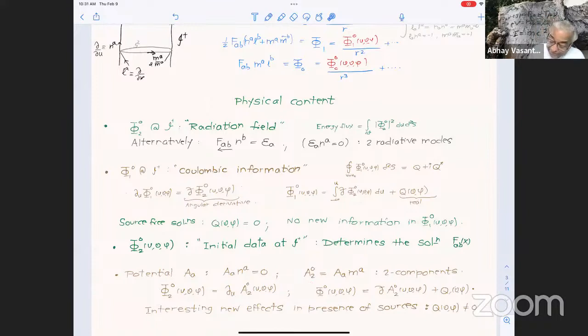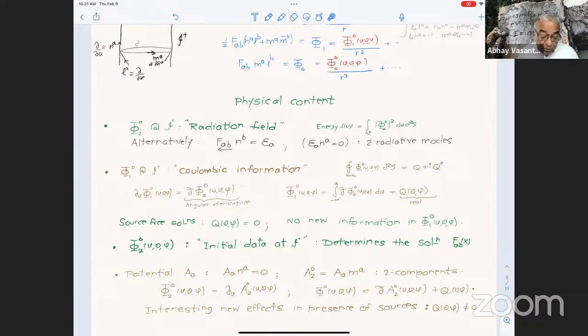The relation is that the time derivative of A2 naught is equal to phi2, and the angular derivative of A2 naught is equal to phi1 naught. In general, there will be a constant of integration, but this constant of integration is equal to zero. If you have sources present, then this Q is not equal to zero, and as we'll see, that has very interesting ramifications.